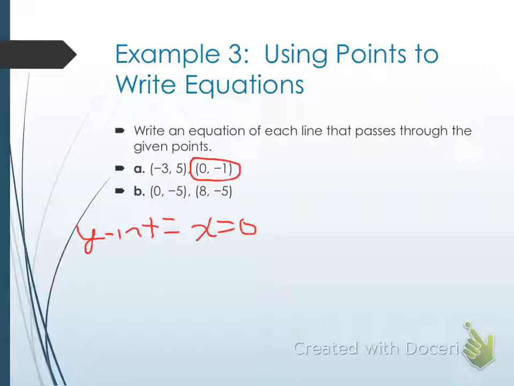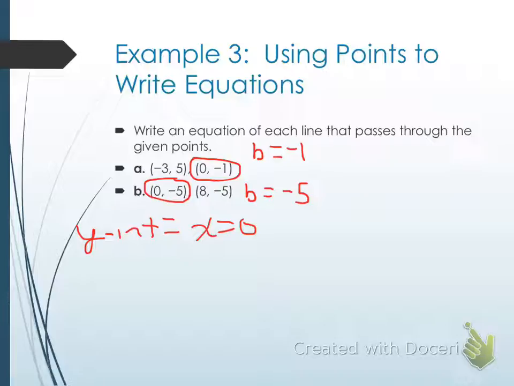Right here, x equals 0, and right here, x equals 0. So for A, our y-intercept, or b, is -1. For B, our y-intercept, or b, is -5.